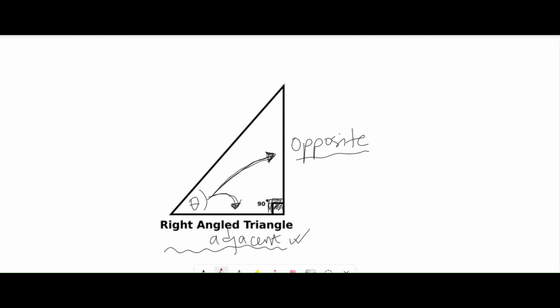Finally, the longest side in every right angle triangle, the one that is right across the right angle, is called hypotenuse. Alright, so here are the basics: opposite side, adjacent side, and hypotenuse.